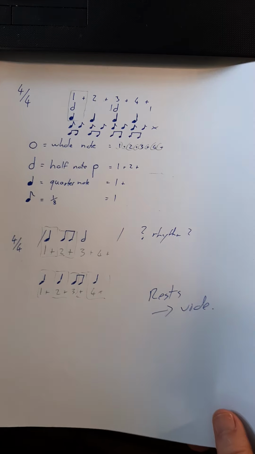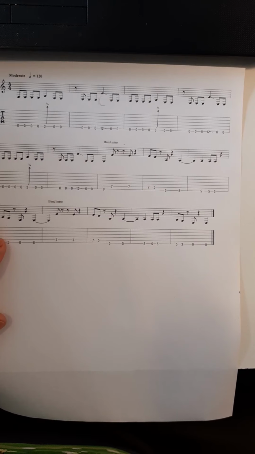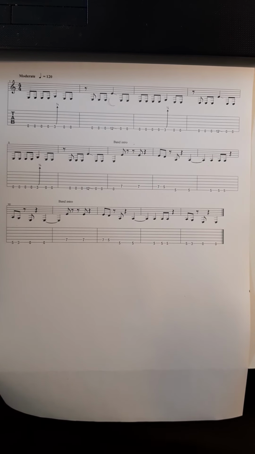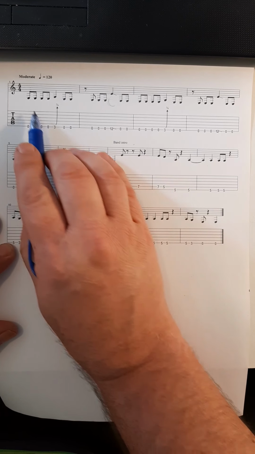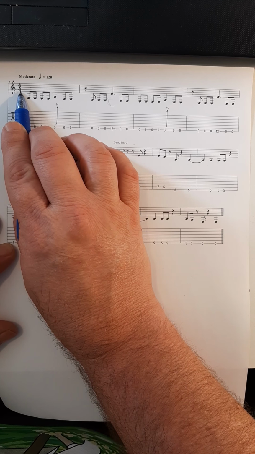Okay, now what I've got over here is Lonely Boy, which is a study that we're going to be doing for one of the grade 2s. And we need to understand what is the timing for this, so we know what to do with it. Okay, we're not worried about the tab, we're worried about that. There's that 4/4 we were talking about earlier. We're cool with that.